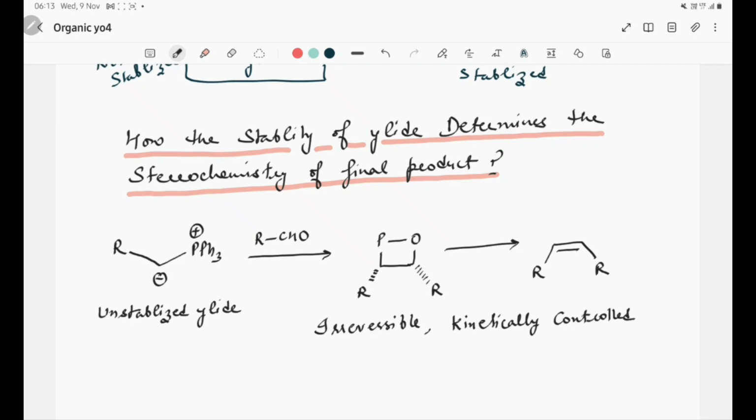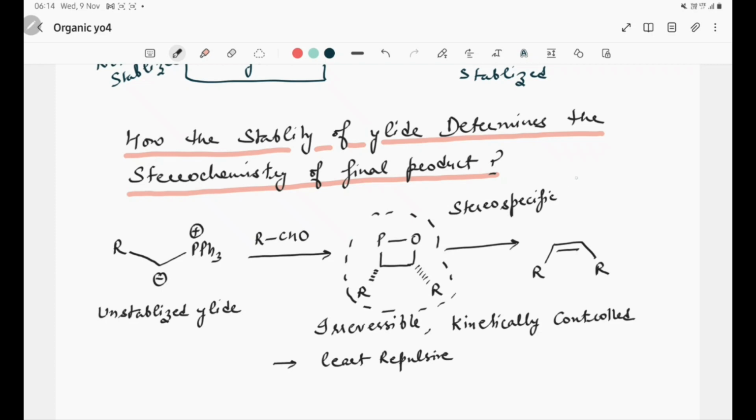As a result, both these molecules are added to obtain the least repulsive intermediate. Now once this intermediate is formed, this breaks in a stereospecific manner.